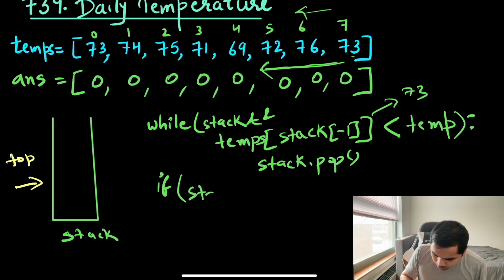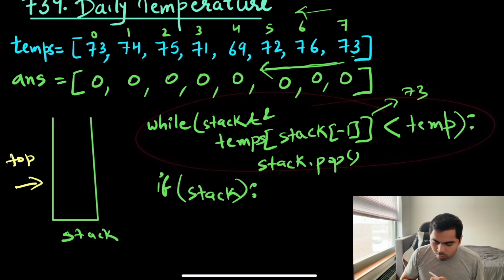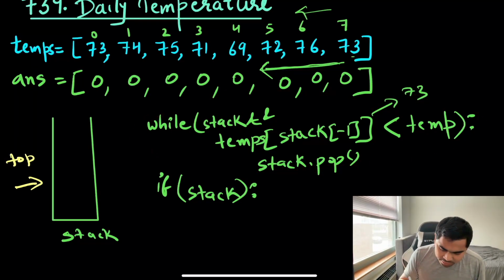If the stack was not empty after this loop, that means I have seen a temperature that's actually greater than my current temperature. So what I'll do is append that to my answer.